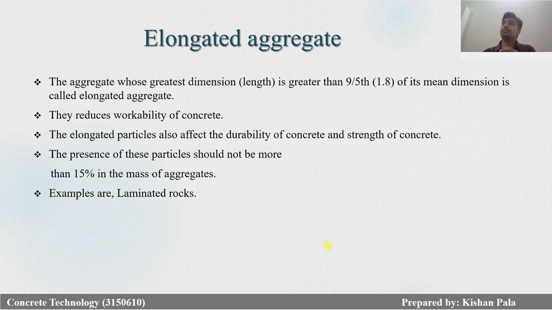The same percentage criterion applies: you cannot use more than 15 percent elongated aggregates in the concrete mass, otherwise they will affect your fresh property or workability, the strength or hardened property, or the durability of the concrete.